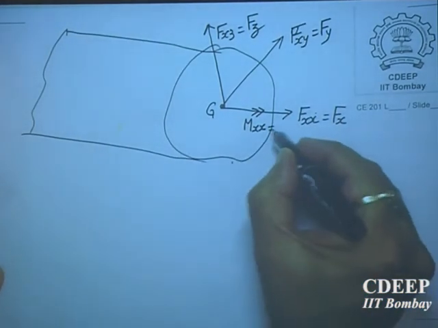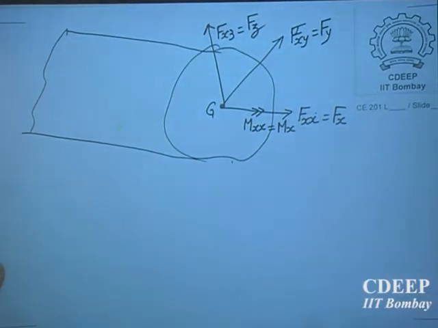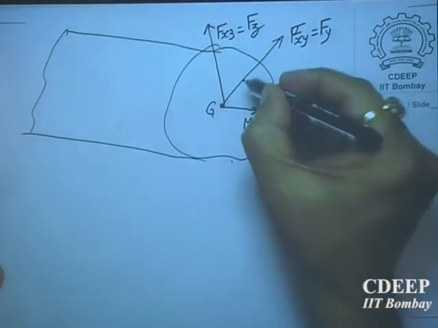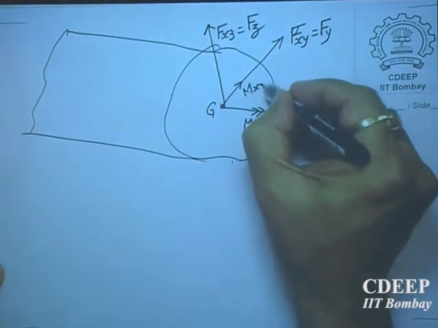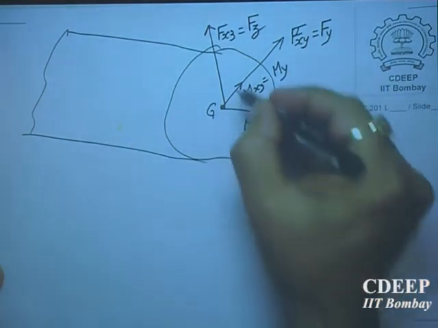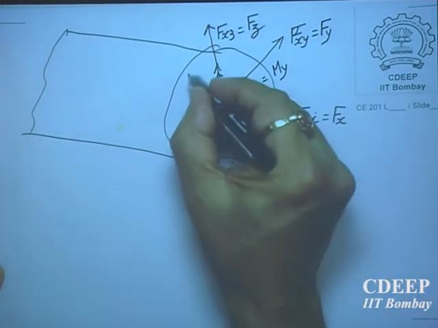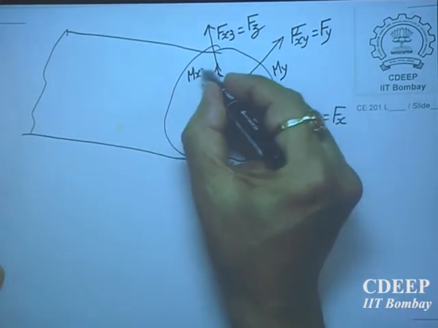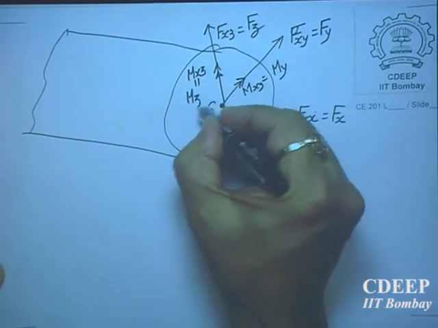So instead of this, a single Mx, moment about x axis. Moment about y axis, instead of calling it as Mxy, there are people who will call it only about y axis. And then z, it is Mxz, that will be equal to Mz.